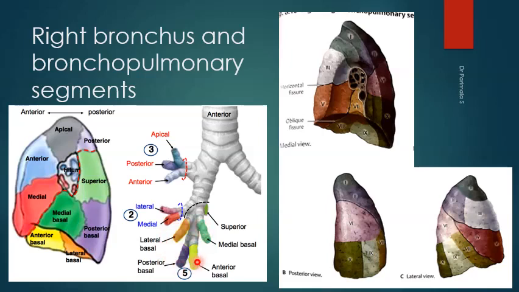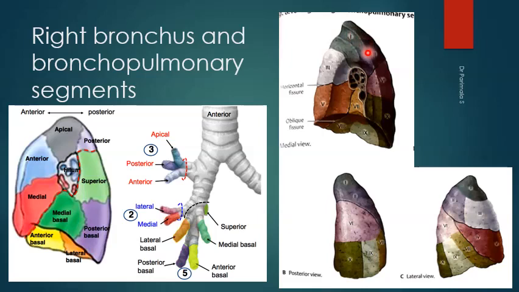Because these are all supplying the lower lobe of the lung, we name them as basal: medial and lateral basal, anterior and posterior basal, and one apical or the superior segmental branch, we can say, not lobar. Right. So these are the 10 bronchopulmonary segments that we see on the right side of the lung.